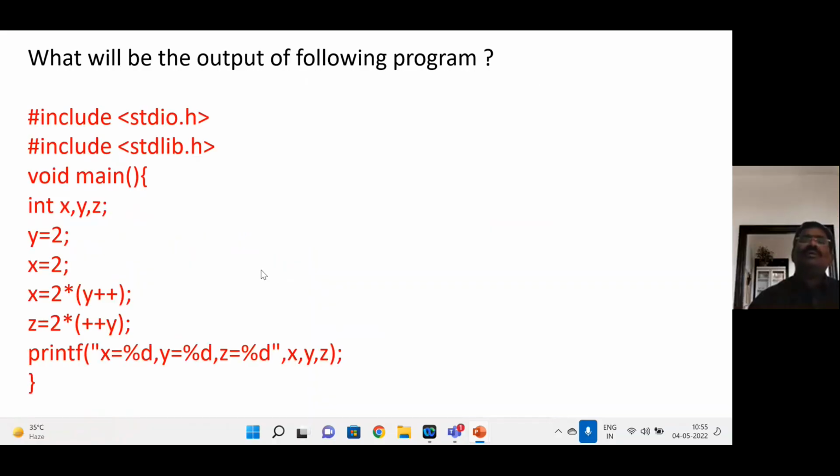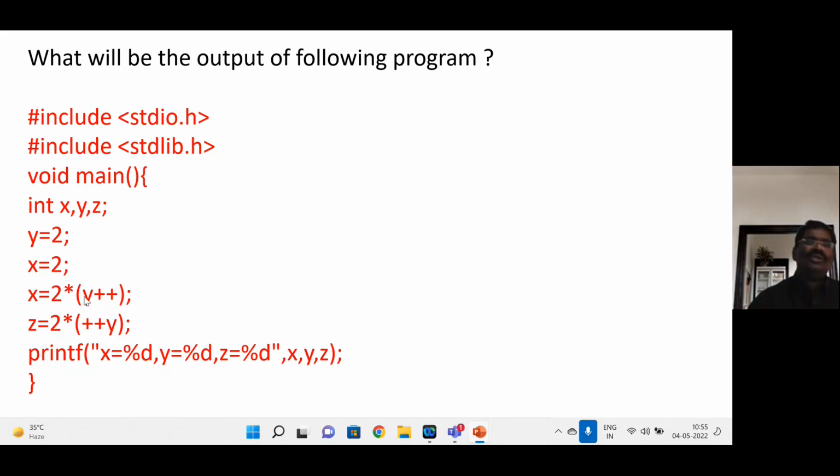So what will be the output of the following program? Here you see #include <stdio.h>, #include <stdlib.h>, void main, int x, y, z. y = 2, x = 2.